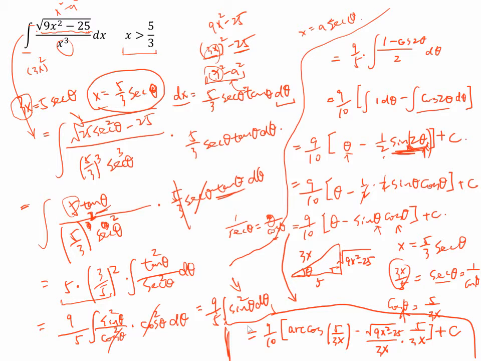I surely can multiply this 9/10 in, but I don't necessarily need to. And you can also multiply these 2 terms together, like 9x squared on the denominator and 5 square root of 9x squared minus 25, put them together. But it doesn't matter for this format, as long as you know how to solve it. So this is my answer.